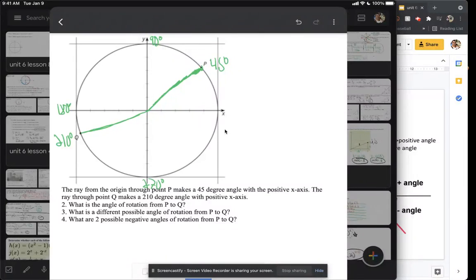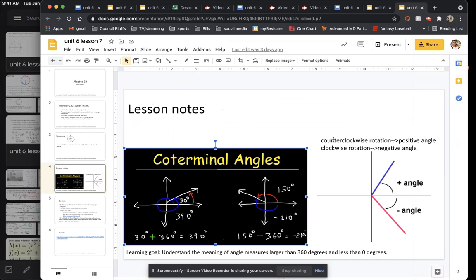Okay. What is the angle of rotation from P to Q? So I'm going from 45 to 210. To figure out that angle of rotation, I'm simply going to do 210 minus 45. So 210 minus 45 is 165. The question is, is it going to be positive or is it going to be negative? In other words, did I rotate counterclockwise or did I rotate clockwise?